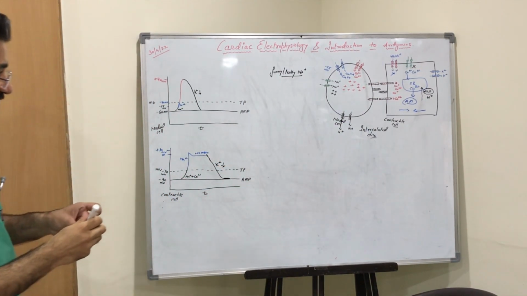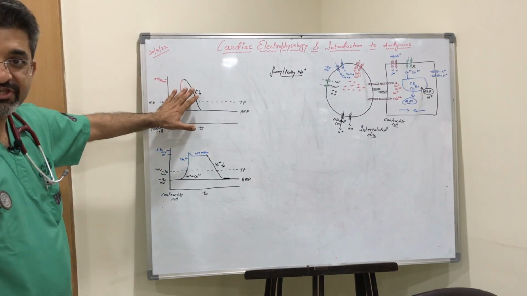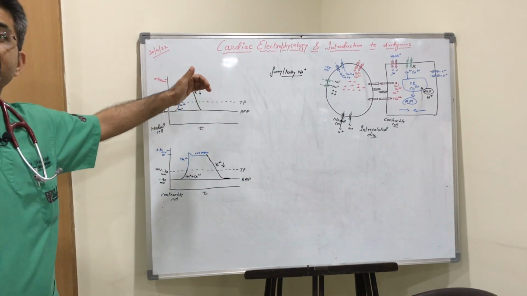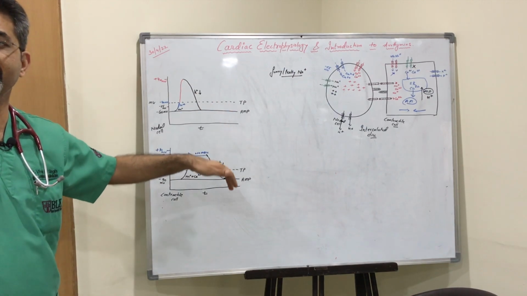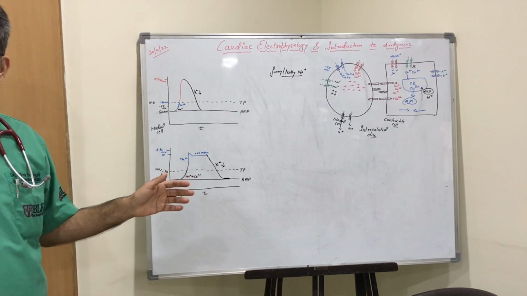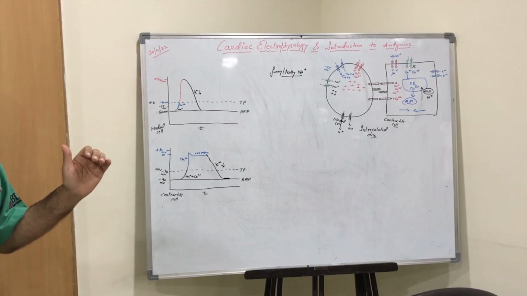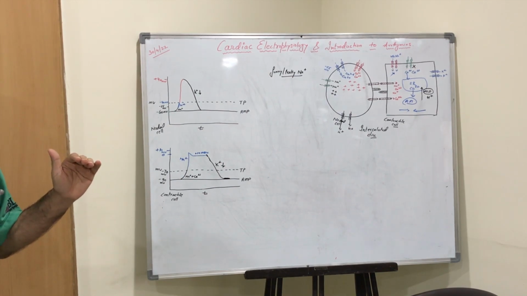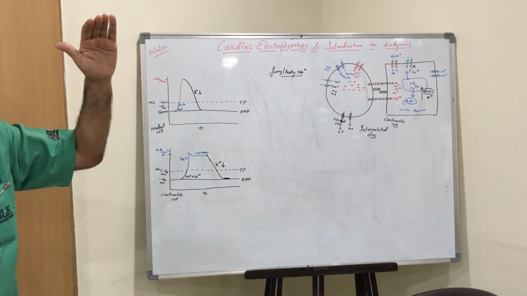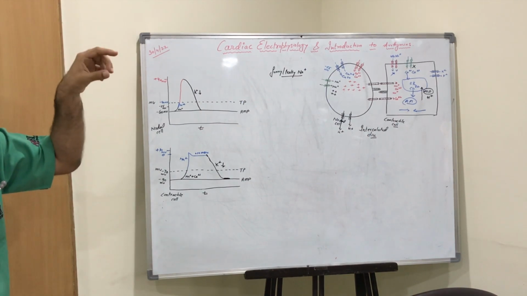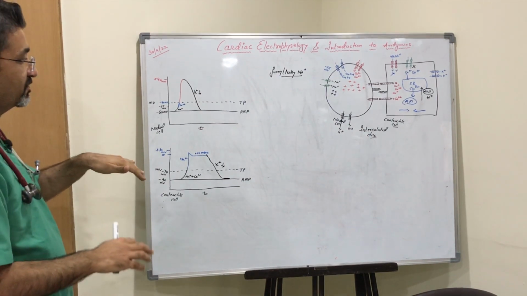By and large, potassium is helping both cells reach the resting membrane potential. Calcium and sodium are trying to make cells reach the threshold potential and the maximum action potential. Potassium is helping in relaxation.